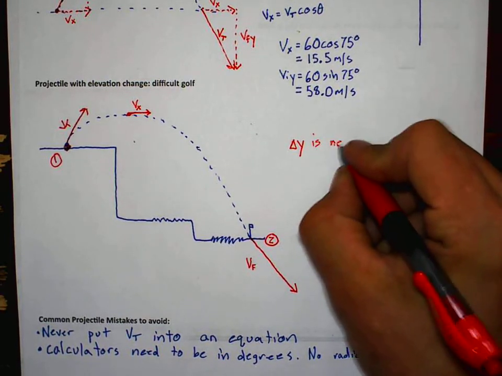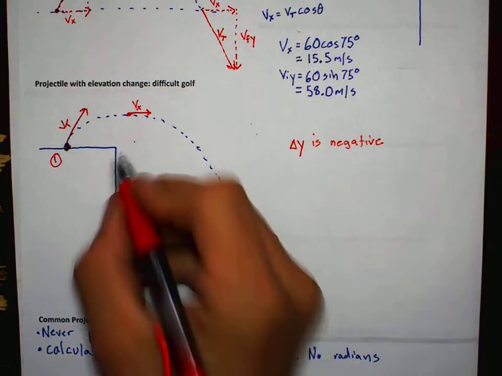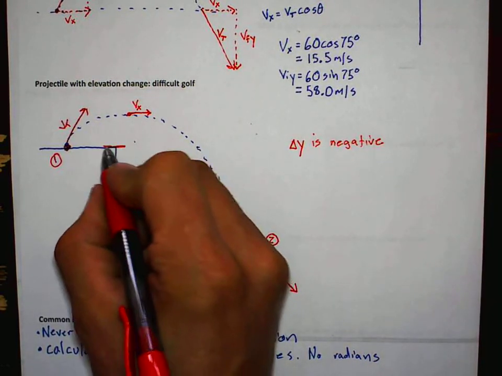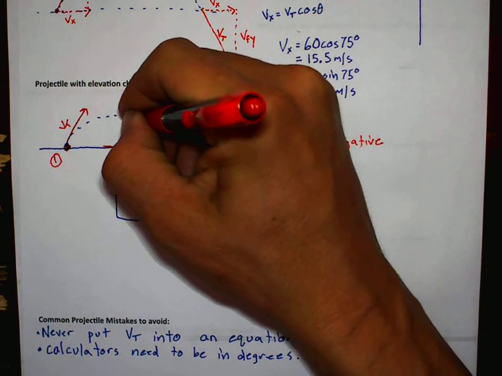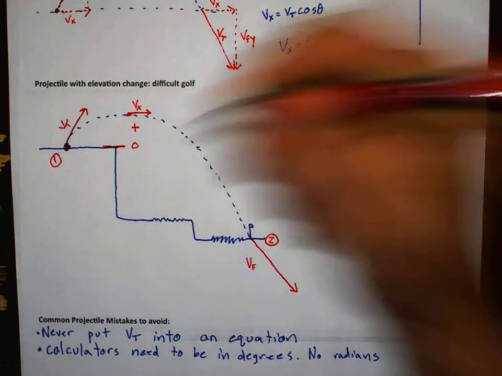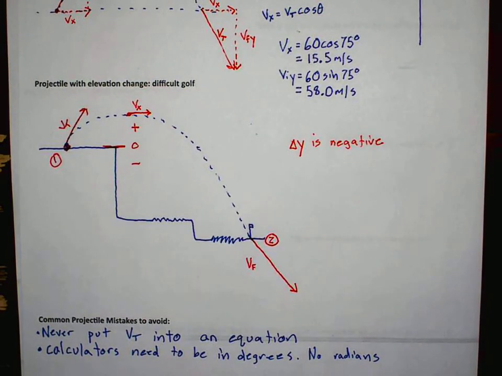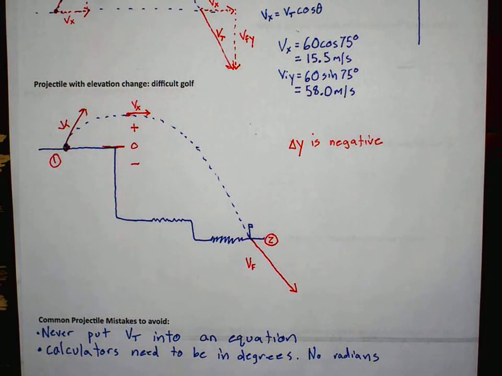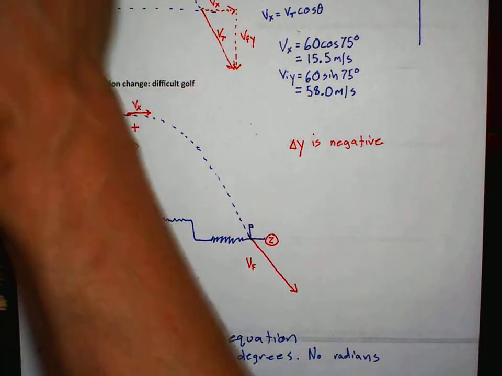This right here is 0. Up here, this is positive values for y, and down here, negative values for y. And we haven't even worked any problems yet with this. We're going to do one example on the back here in a minute. But this is just some things to be aware of that are different from what we've done.